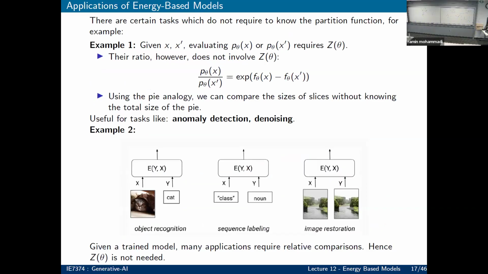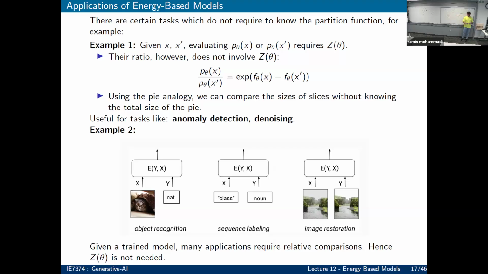Now, think about this. If you're trying to compare two images, you have image one and image two, and for both images you pass the image to this function divided by this, and then you pass the other image to this function. You want to see which one of them is more likely.